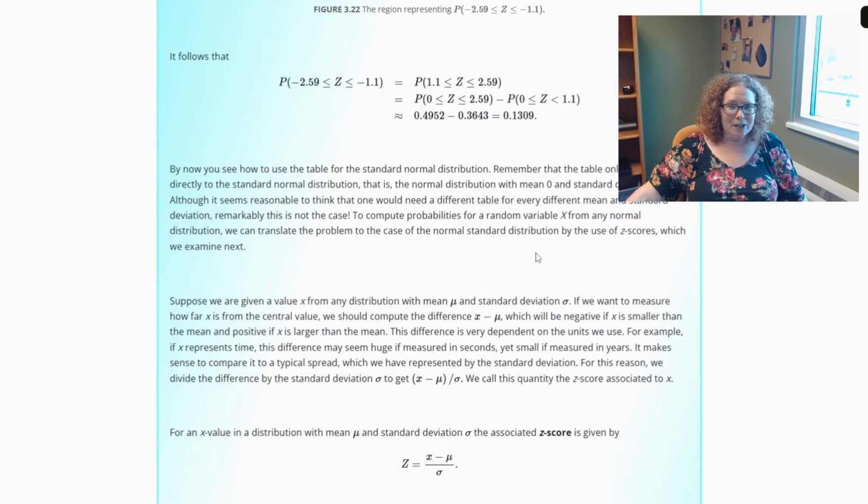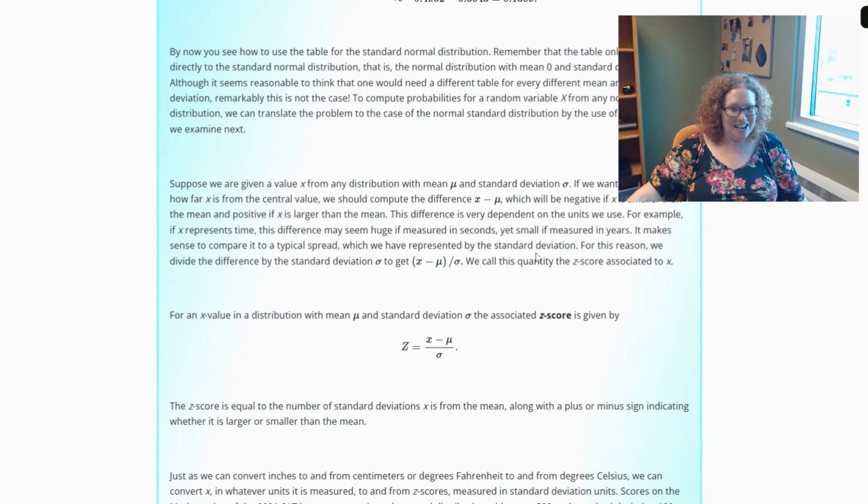So we are going to look at a little bit different way to do it now. Suppose we're given a value x from any distribution with the mean and standard deviation.